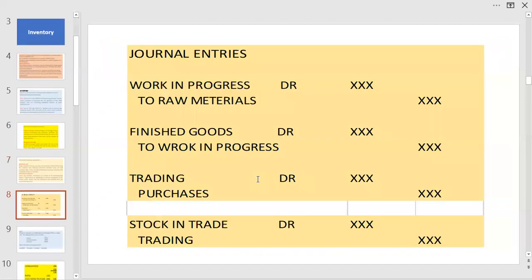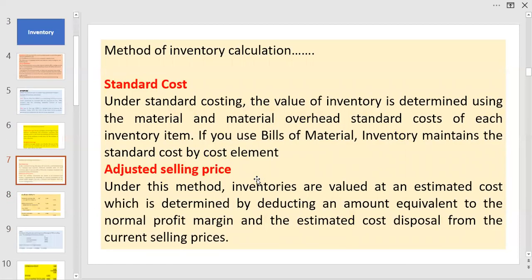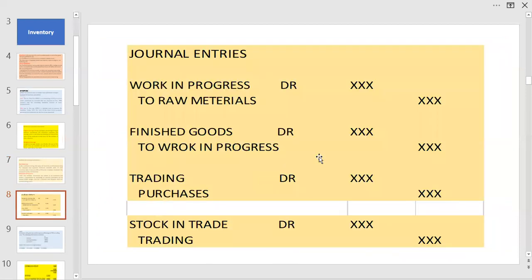Students should know these are only different methods of valuation, but accounting entries are standard and the same. Those three journal entries given are mostly used for manufacturing concerns, whereas the fourth one is for trading or merchandising businesses. Now let's move on to some questions.